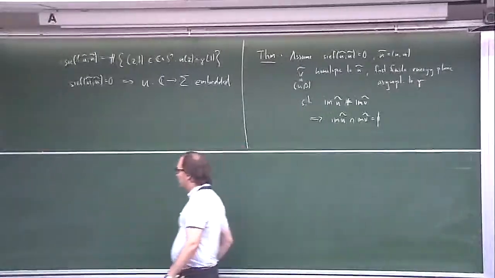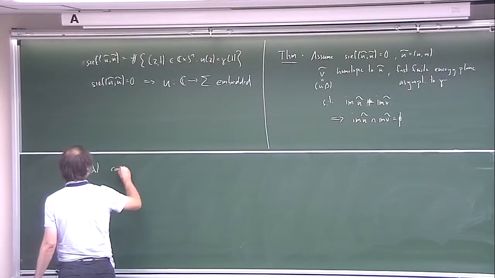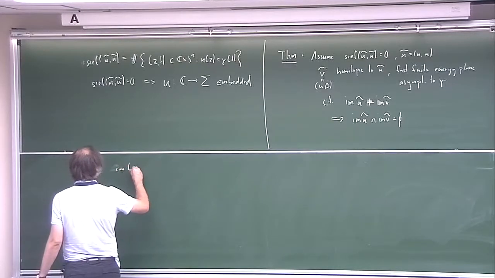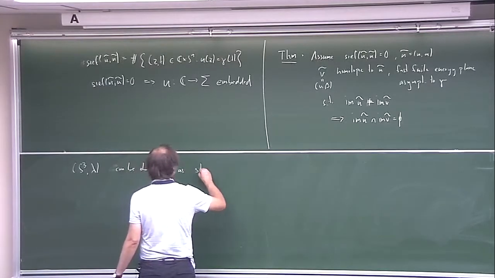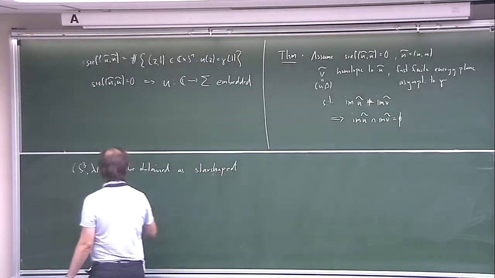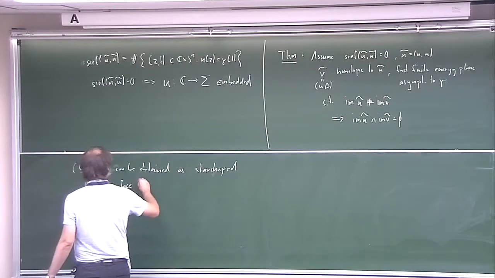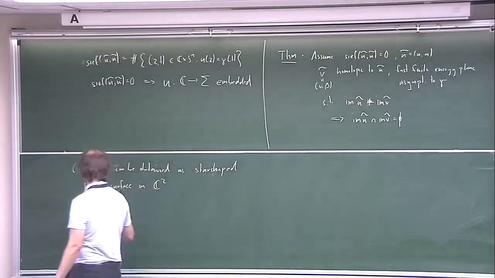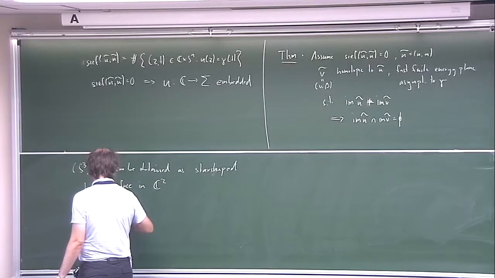And then S3 with lambda can be obtained as a star-shaped hypersurface in C2. On C2 we have the radial vector field.